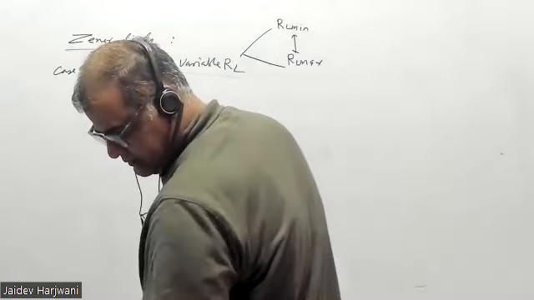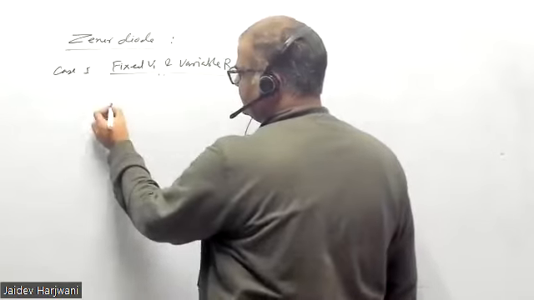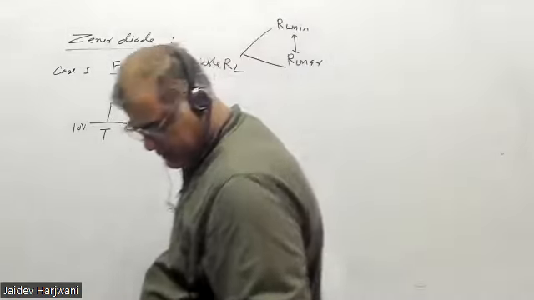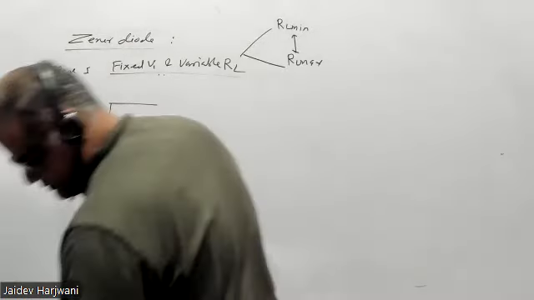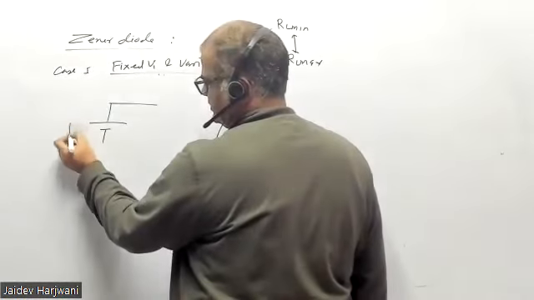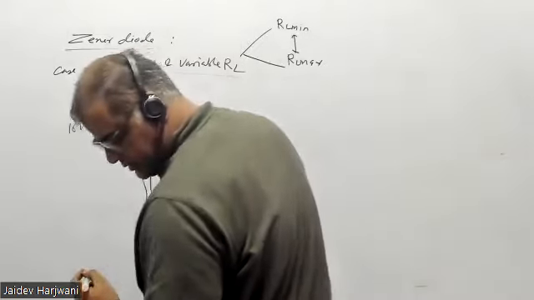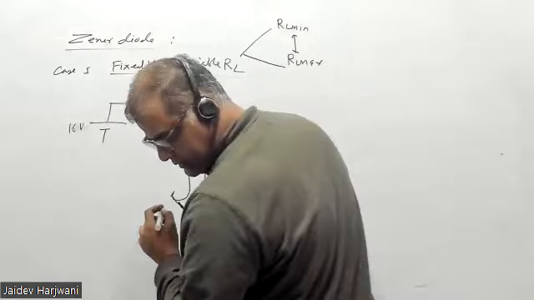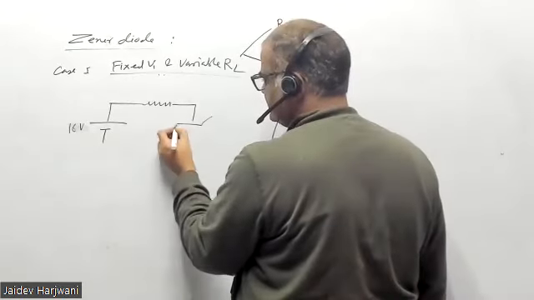So I have a circuit, say this is 16 volt, and this is my R, this is my Zener diode.